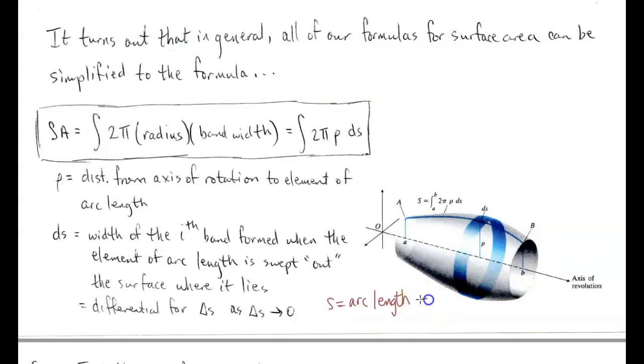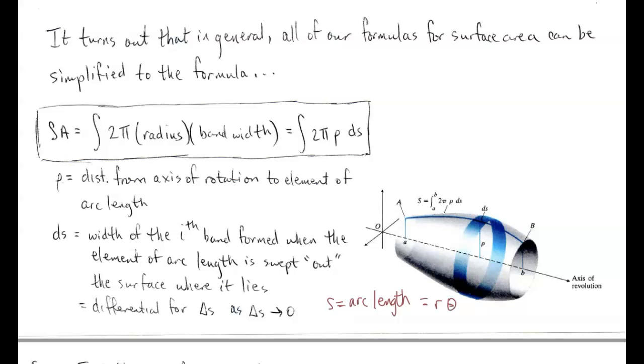And remember, that was defined as r times theta, where r was the radius of the circle that you were dealing with, and theta was the corresponding angle, and that angle would be in radians.